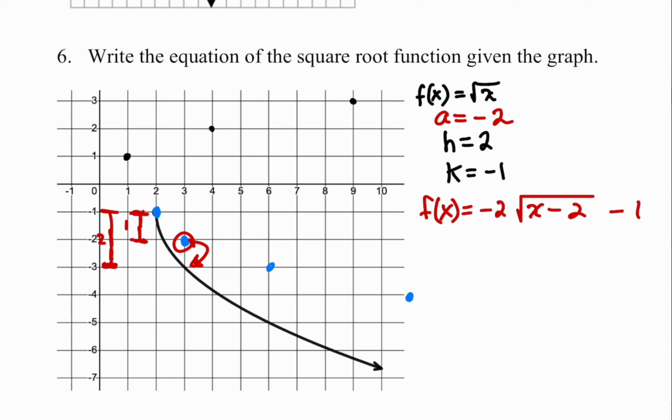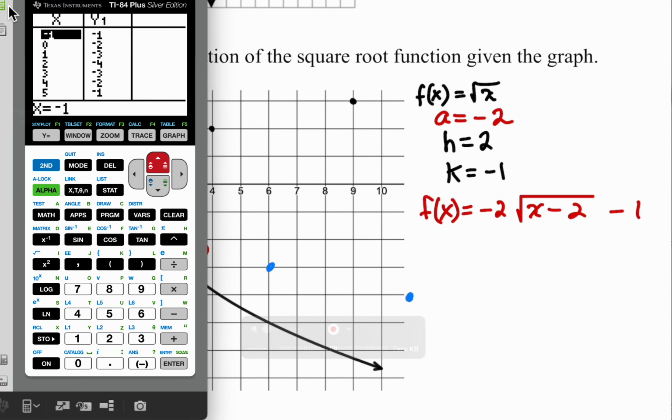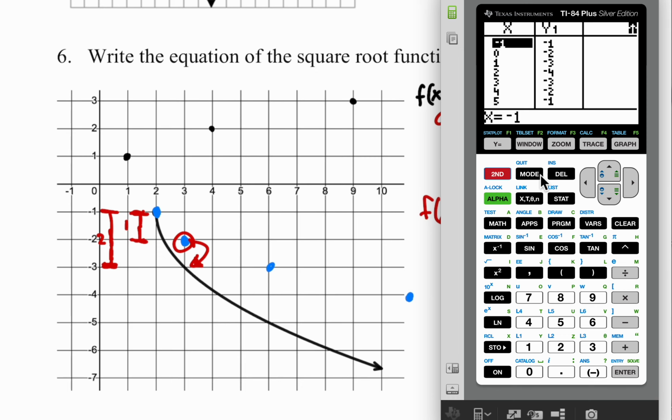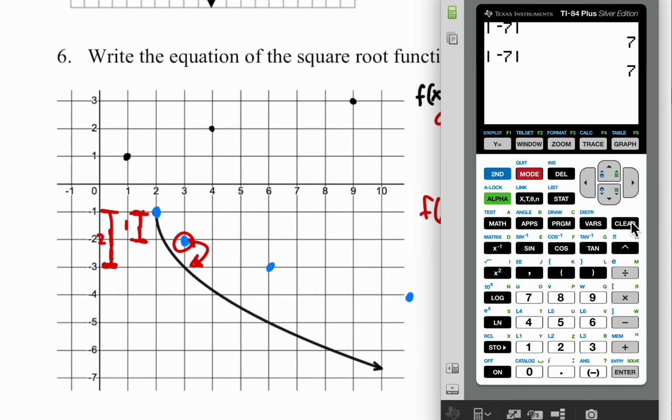All right. So we'll check it in the calculator and see. I gotta see if there's a way I can show this. Oh, you know what? I can do it this way. So in the calculator, I would type in this new function.